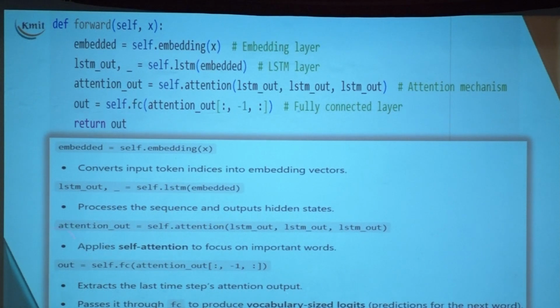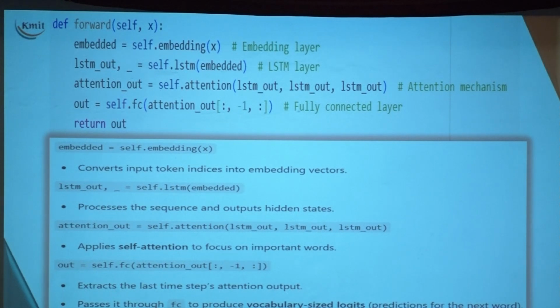Embedded equals self dot embedding converts the input token indices into embedding vectors, which is the function of an embedding layer. Then LSTM out comma underscore equals self dot LSTM of embedded means vectors from the embedding layer will be passed as an input to your LSTM layer, and it generates the hidden states.